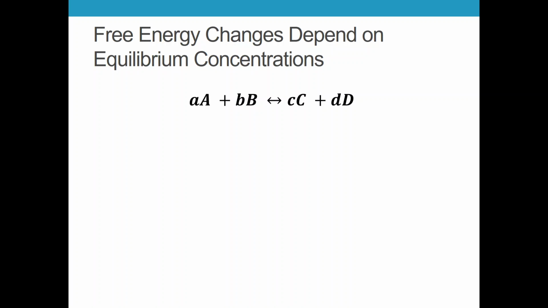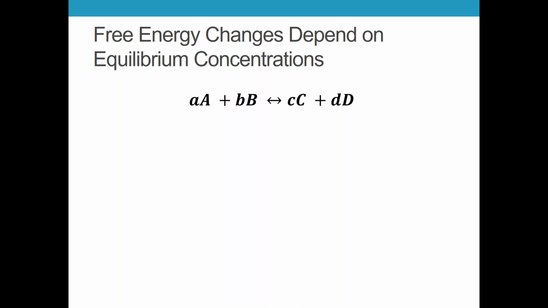Well, if we write out a reversible equilibrium as shown, the reactants A and B will combine to give you products C and D, and they do so with the given stoichiometric coefficients. So a molecules of A will react with b molecules of B, and so on and so forth.